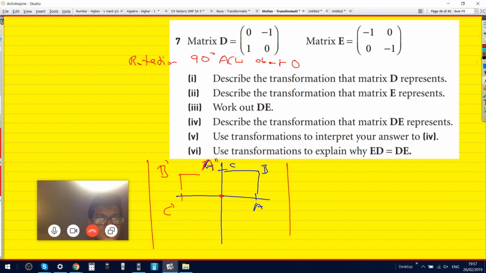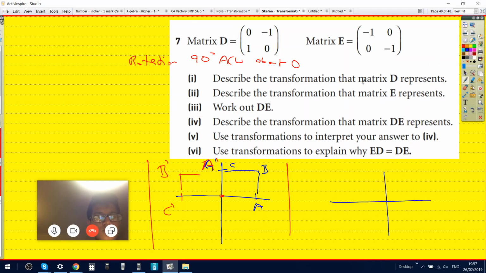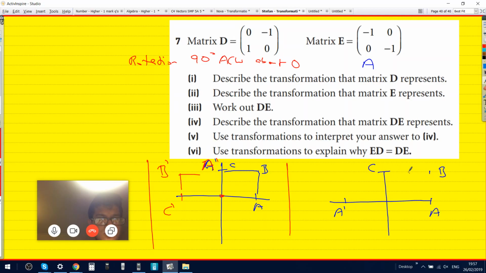So then E. So A is minus 1, 0. Well, A dash. A is there. C. B. Okay, so A dash is there. 0 minus 1 is here.